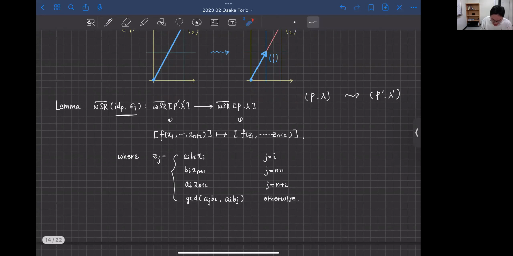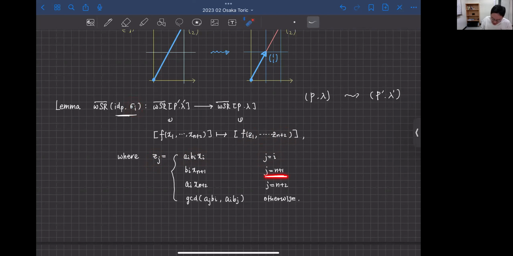Whenever you have a polynomial corresponding to the variables x1 through x(n+2), it goes to the same format of polynomial but with some variables changed. When j is equal to i, the variable is ai, bi, xi, where the index j is the same index that I took for this rescaling.